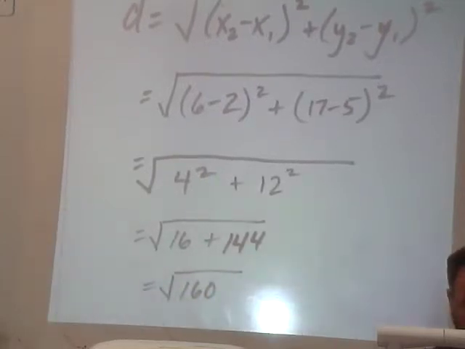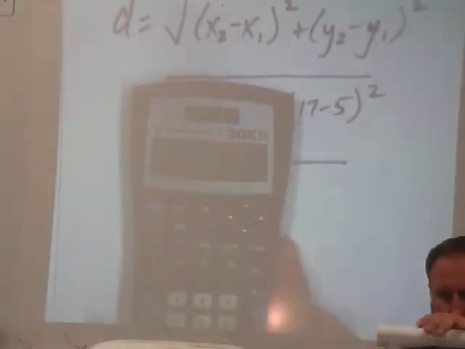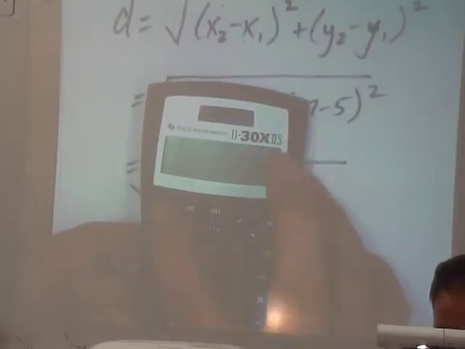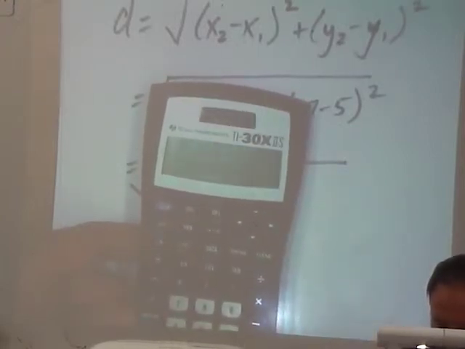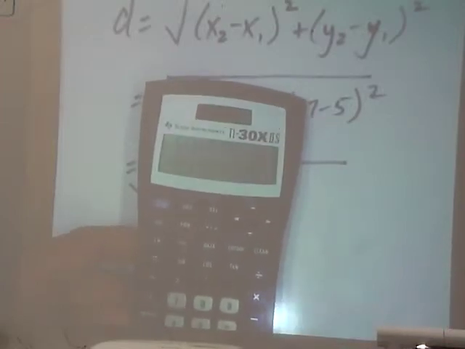Okay, so you have a calculator. What can we do next? Square root. Plug that in our calculator and see what the square root is. About 12.65.